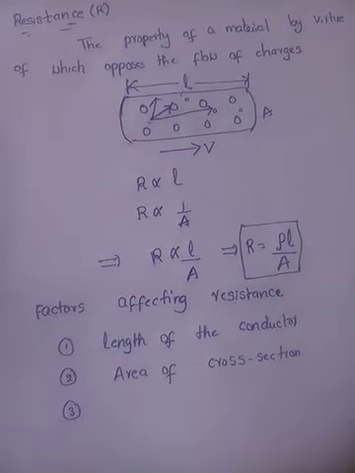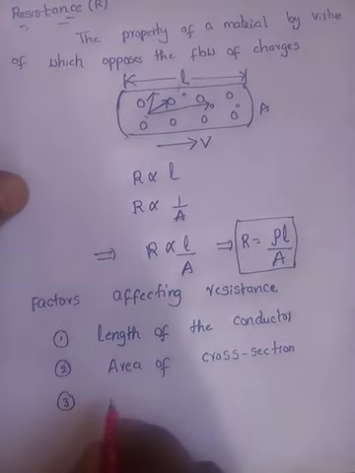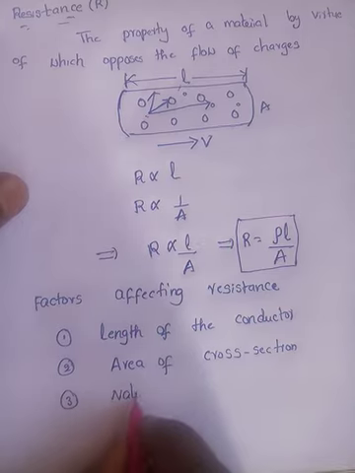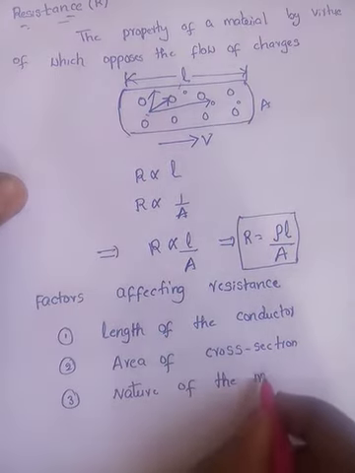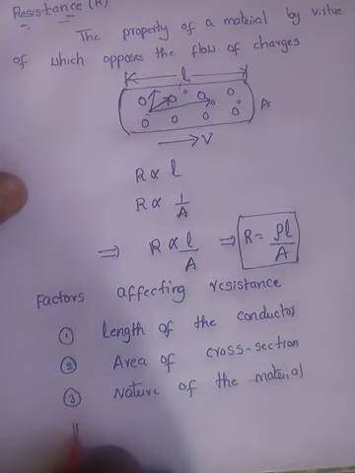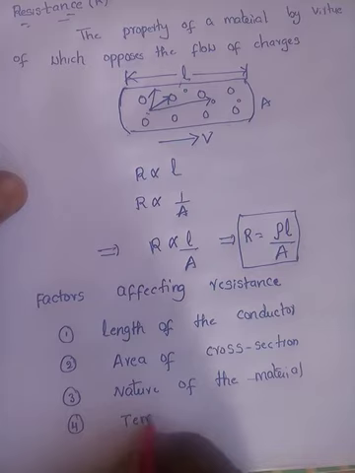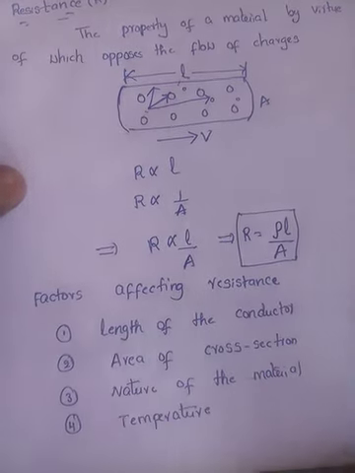Rho is a proportionality constant which depends upon the nature of the material. So it also depends upon the nature of the material, and one more quantity that it depends on is what? Temperature. That is the basic property, right?